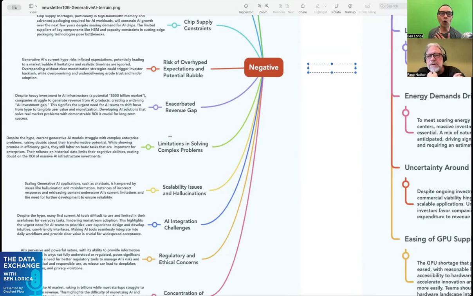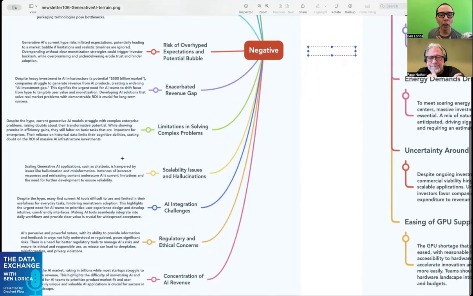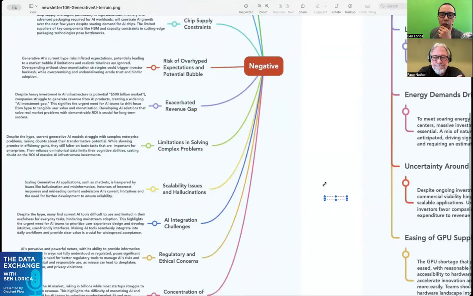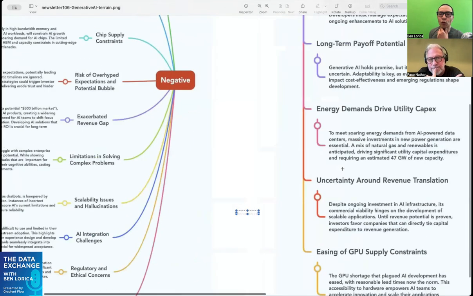So we're more hopeful at this point than actually seeing revenue. And for the builders, there is a concentration of revenue at the top. OpenAI is getting a lot of revenue, but what about other startups in this space? Everyone talks about a bubble in AI startups, and I think we can agree that's probably the case. There are a lot of startups building tools, but very little revenue to show for it.